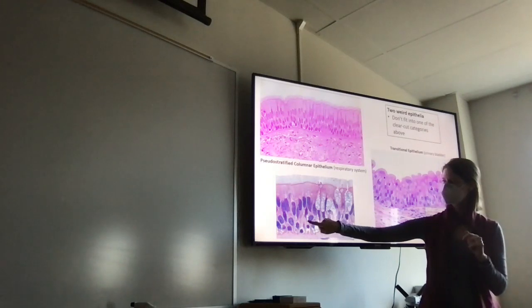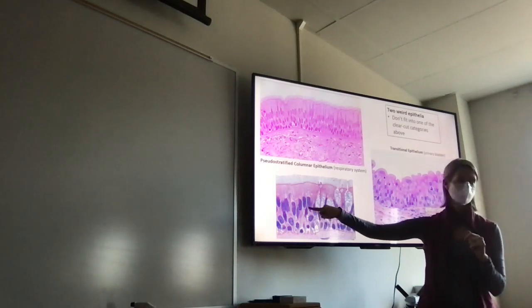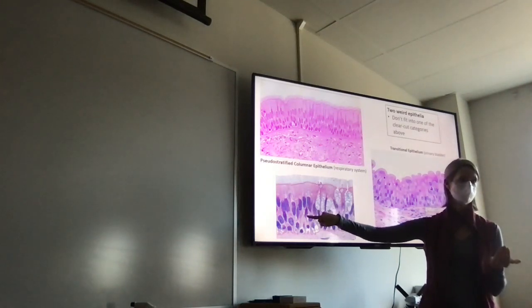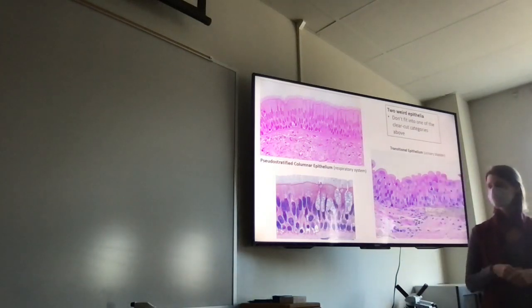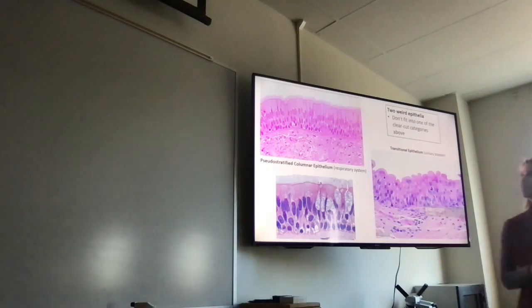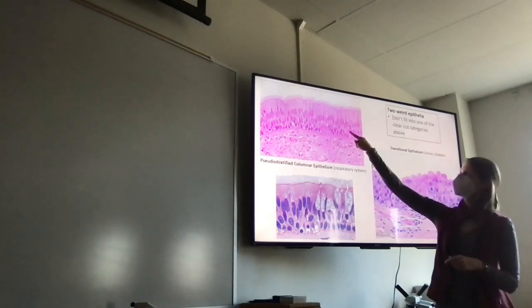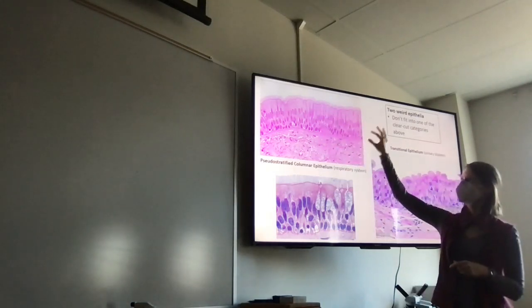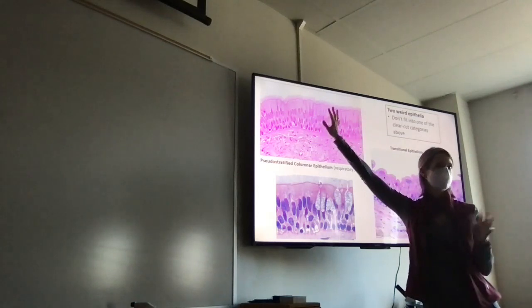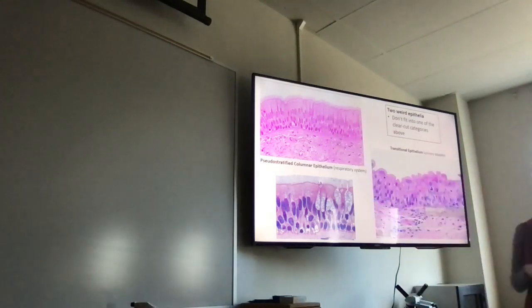But this one doesn't have another cell directly on top of it. It's not stacked right on top of it. Still just one layer technically. And you can see it up here too. So all these nuclei are kind of at differing levels. There's not one layer of nuclei and then another layer of nuclei. So that's a good indicator that it's pseudostratified.